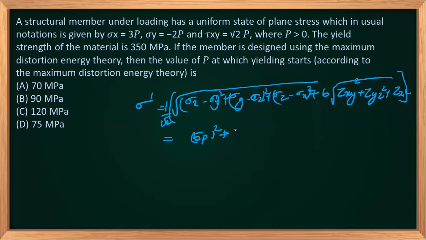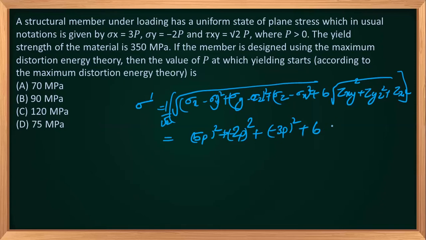Sigma y square means 2p square, because even though it takes minus 2, let it be there. Plus sigma z minus sigma x again minus 3p whole square, plus 6 times tau xy whole square.